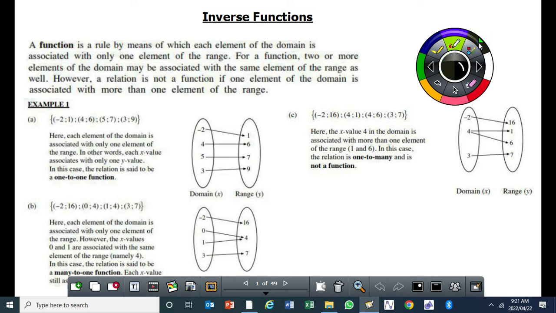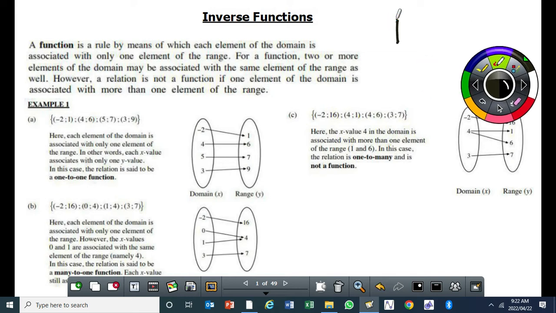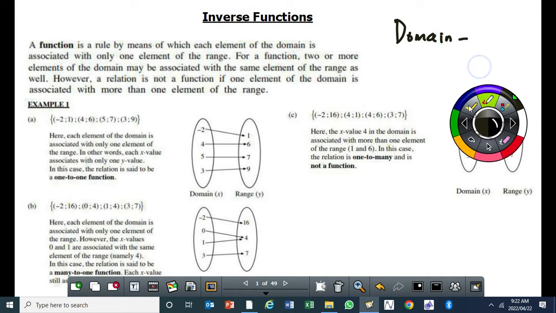It's important as well for you to be aware that when it comes to functions, the set of all the input values has got a name. It's called the domain. So in grade 10, we were introduced to the concept of the domain. The domain is just the set of all the x values.